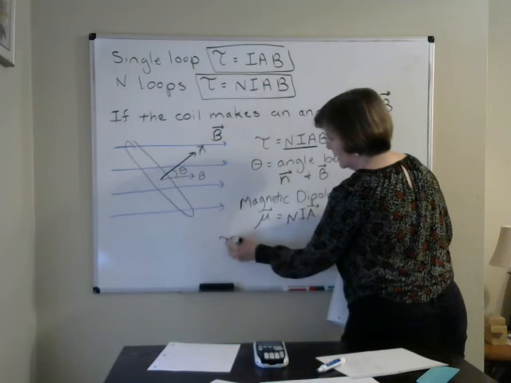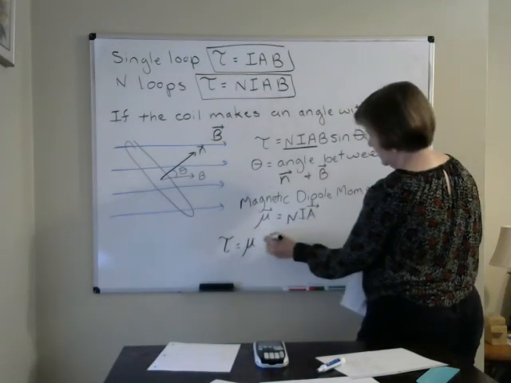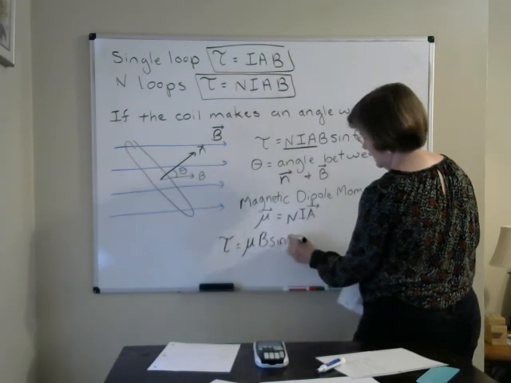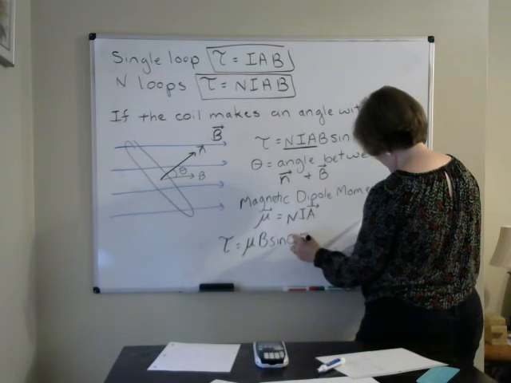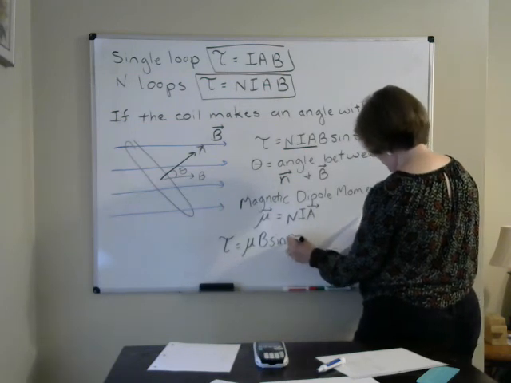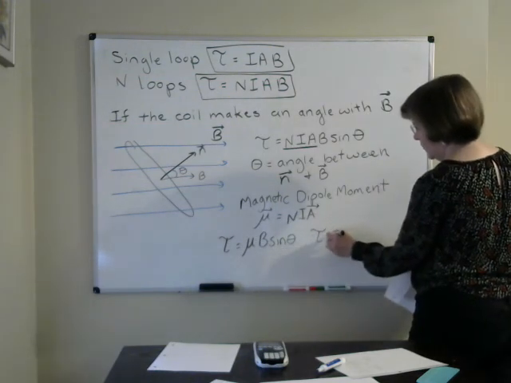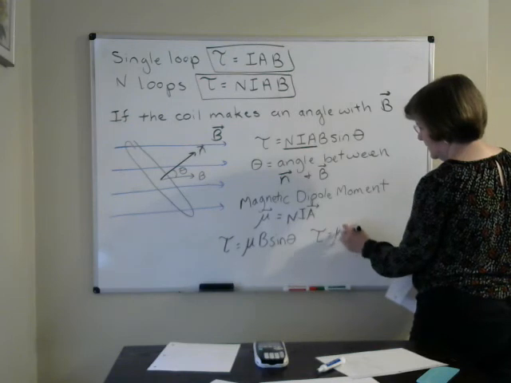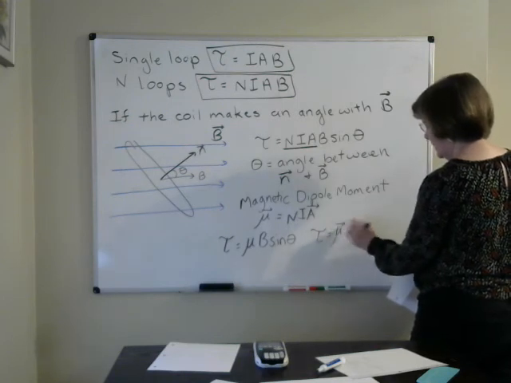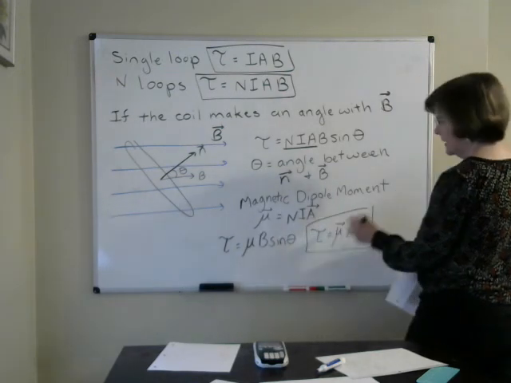torque equals mu B sine theta, or, even better, torque is equal to the magnetic dipole moment cross B. Again, sometimes we have to do a cross product.